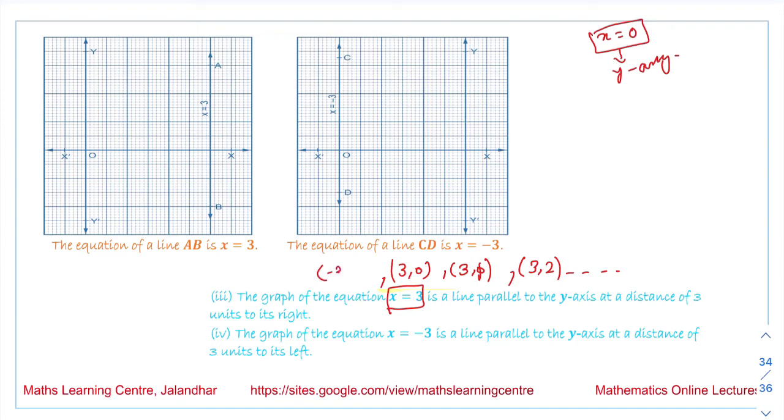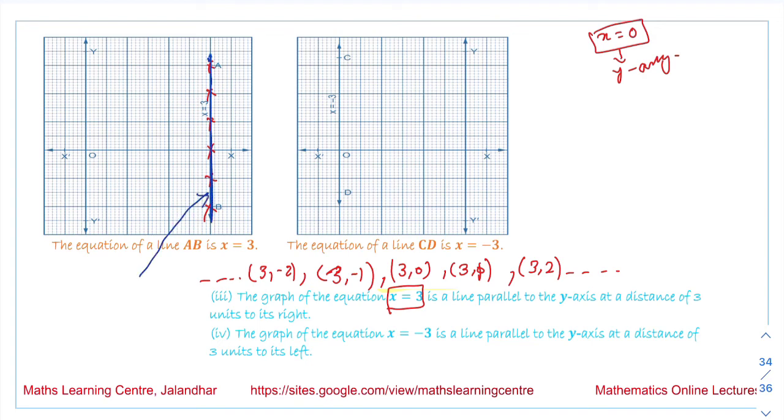Similarly, y can take value -1, -2, and so on. If I plot these points, we have (3, 0), (3, 1), (3, 2), (3, 3), (3, -1), (3, -2), and when you draw the line over here, you will get the line in this form.